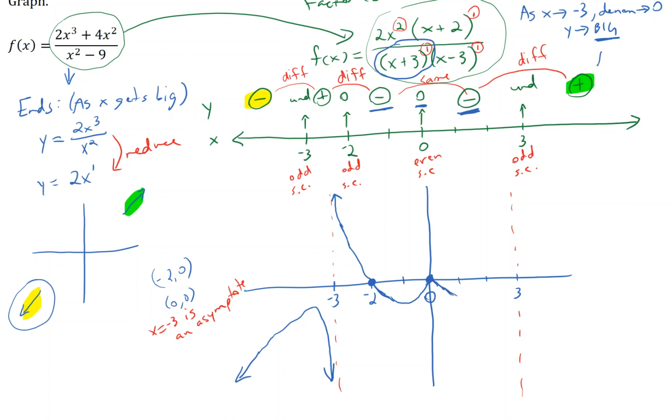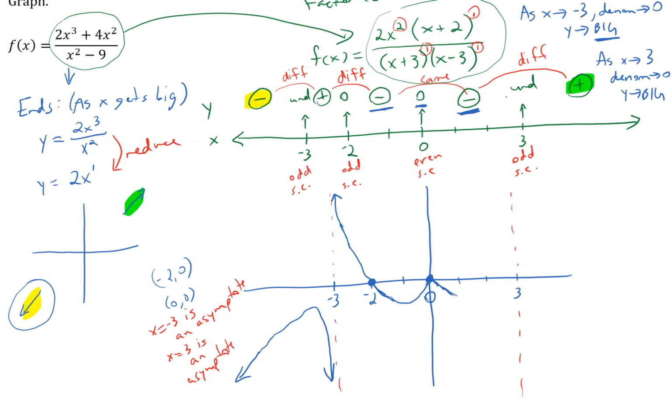So as x goes to 3, x minus 3 gets close to 0, which is still in the denominator. So my denominator also gets close to 0, which means my y values get big again. So that means x equals 3 is an asymptote as well.